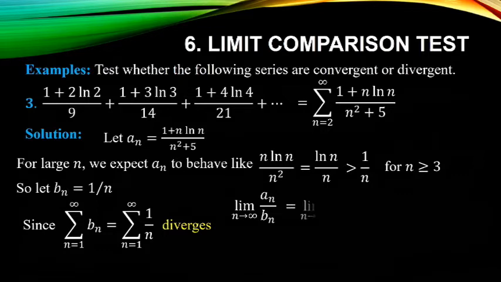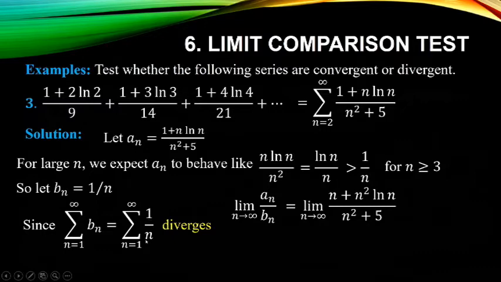So the limit comparison of a sub n over b sub n is equal to a sub n times n, since b sub n is 1 over n, times n in the numerator, which is equal to infinity, since if we divide all terms by n squared, the denominator would be 1. As n approaches infinity, this will become 0, and this one will be 0 plus ln of n.